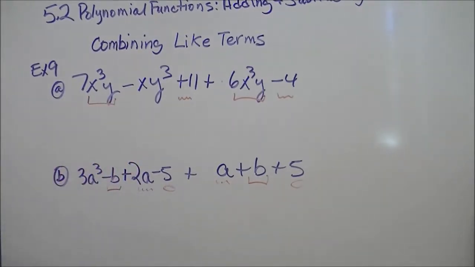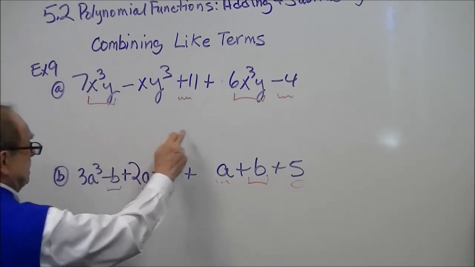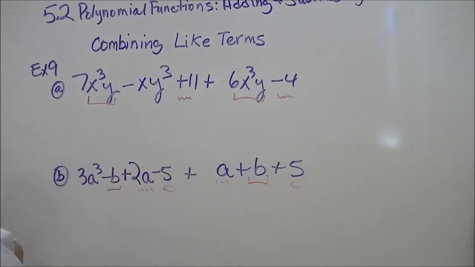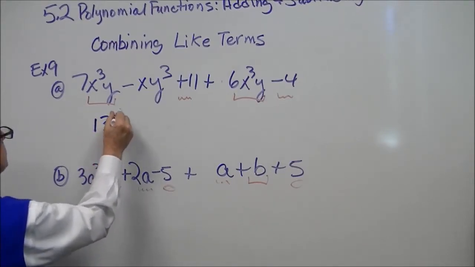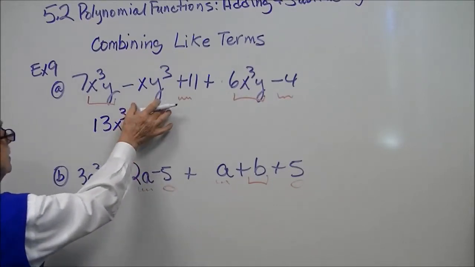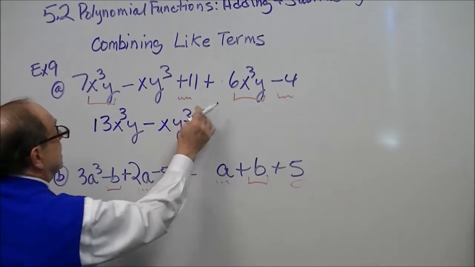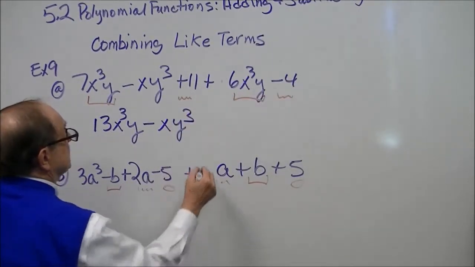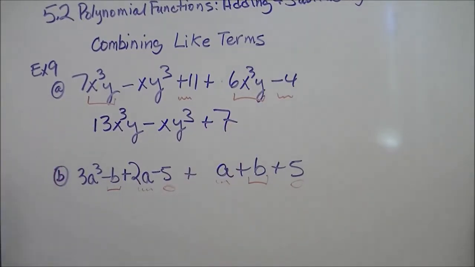Okay, we sort of identified the like terms. Now we're going to do our combining. Well, here this is a 7, this is a 6, so it looks like we end up with a 13x to the third y. There is no other like term for this, so we'll just stick that in. And then we have this minus 4 will give us a plus 7.